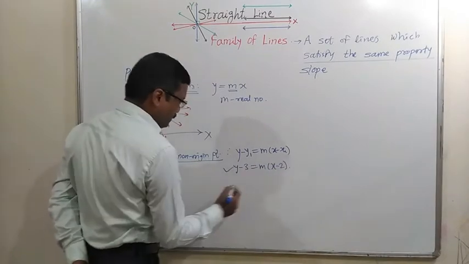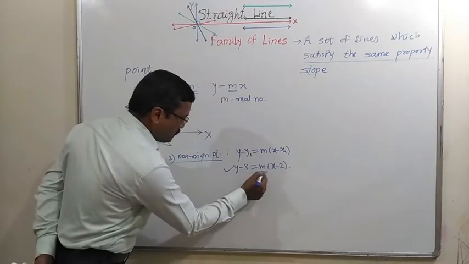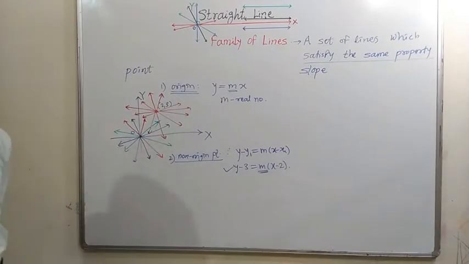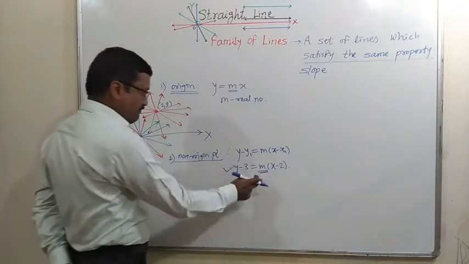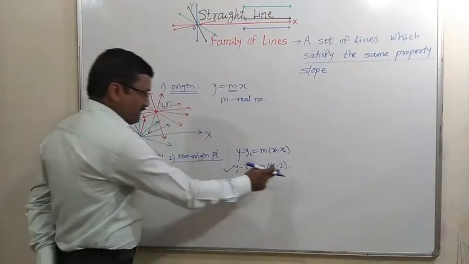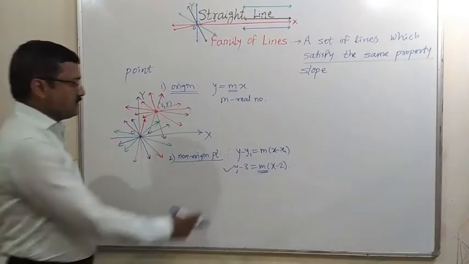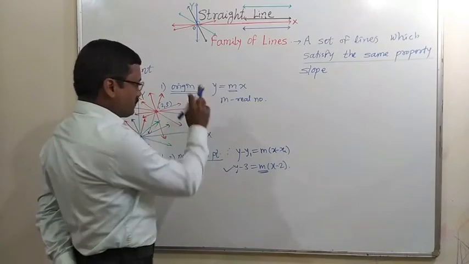So this is the equation of family of lines which pass through point 2, 3 and have slope m. Changing values of m, we can change the line, but it always passes through 2, 3. So this is the equation of family of lines.